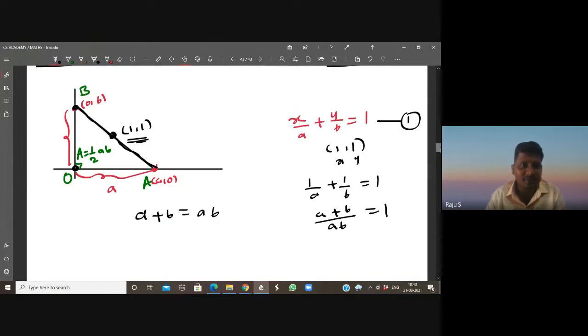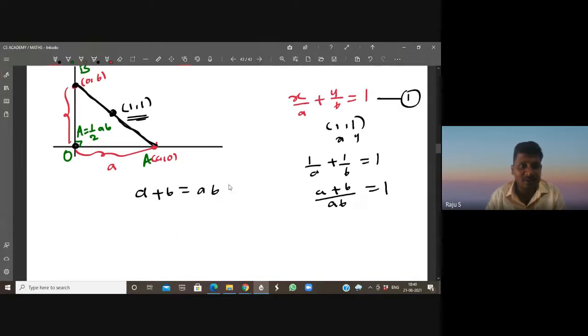One more thing, let us take this as equation 1. What is capital A? The area of the triangle whose intercepts are given: the base is a, the height is b, so area is half into base into height.